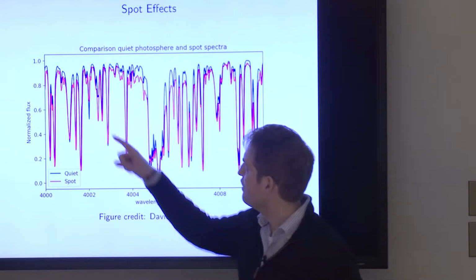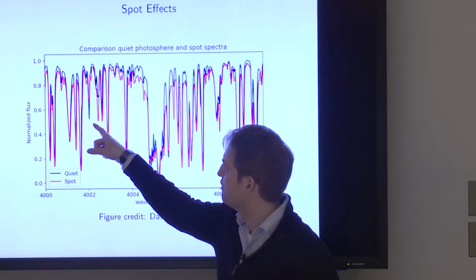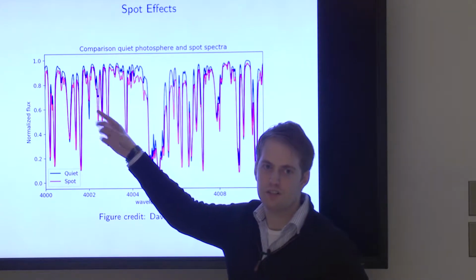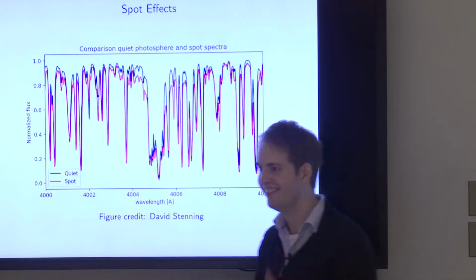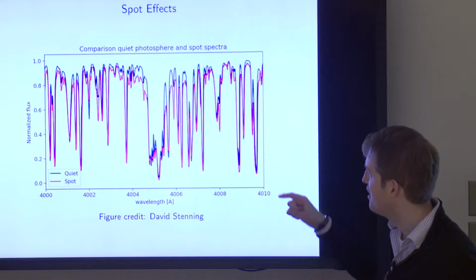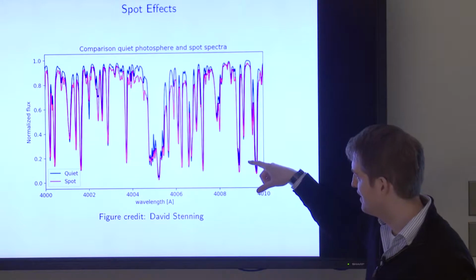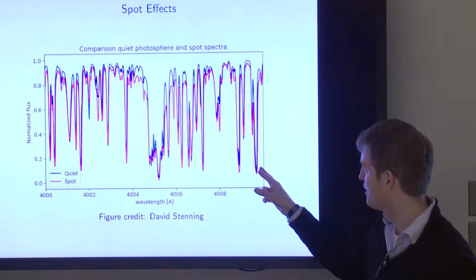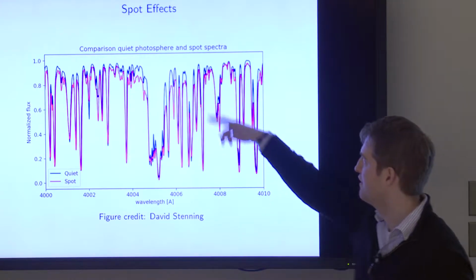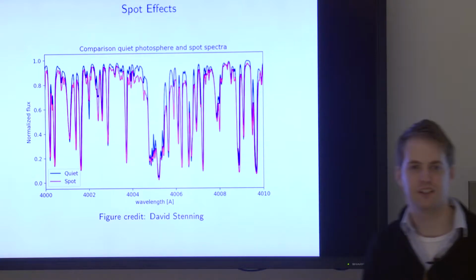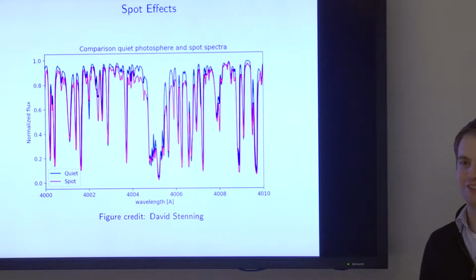So this line becomes shallower, I was trying to find the word. This one becomes slightly deeper. This one becomes wider. And there's all kinds of stuff going on up here, right? So maybe that tells us that there's a spot. Who knows, right?